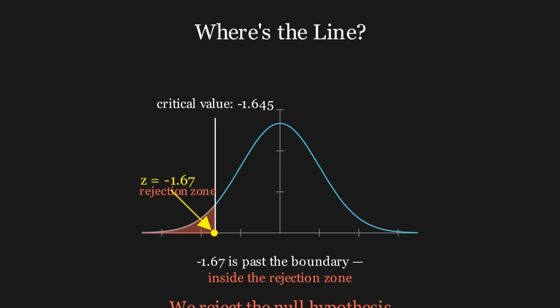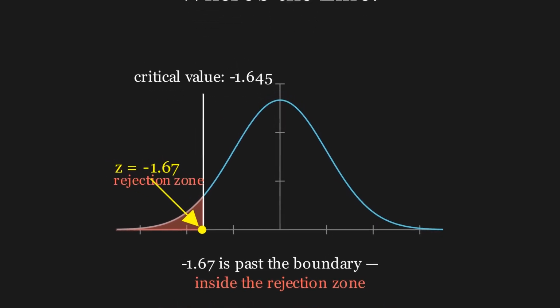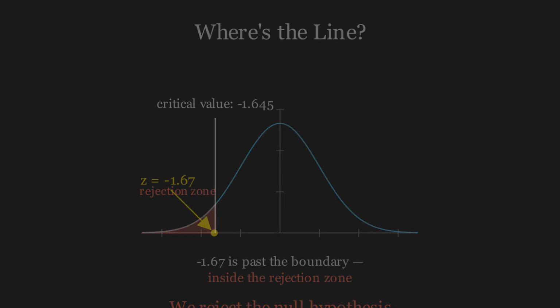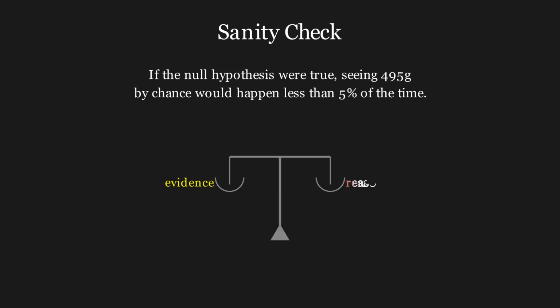Before we celebrate catching the cereal company red-handed, let's sanity check this. If the true average really were 500 grams, getting a sample average this low by pure chance would happen less than 5% of the time. That's precisely what our comparison to the 0.05 significance level just confirmed. It's like a courtroom, where the fingerprint evidence alone wouldn't convict.